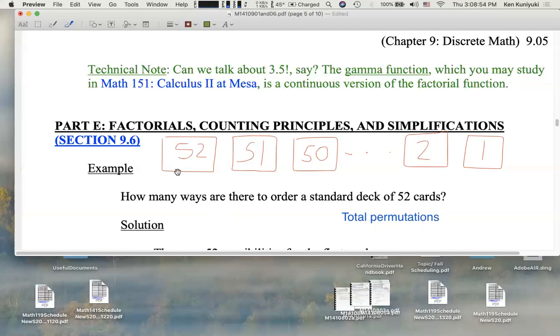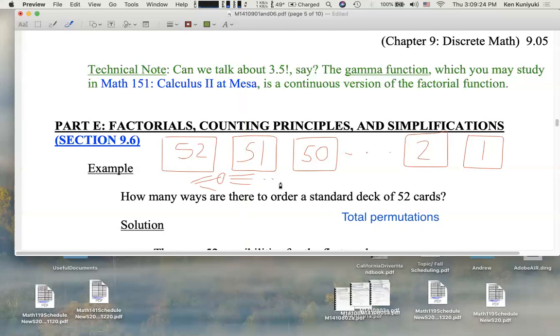Now, for each of these 52 possibilities for the first card, there are 51 possibilities for the second card. Imagine a big, bushy possibility tree. So there are 52 branches in this first round on the possibility tree. For each of these branches, there are 51 possibilities for the second branch, the second card, and so forth.